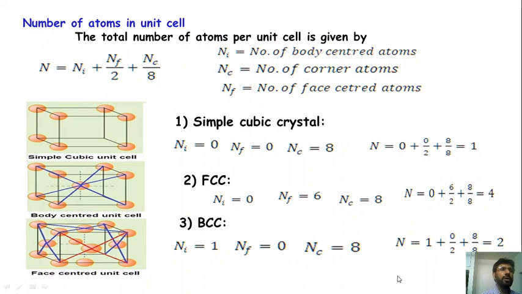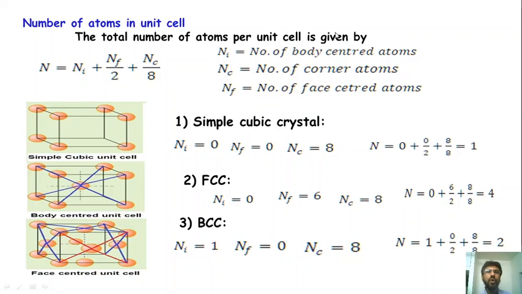Next, we are going to see the number of atoms in the unit cell. Once you know the structure of the BCC, SCC and the FCC, then we can find the total number of atoms per unit cell.